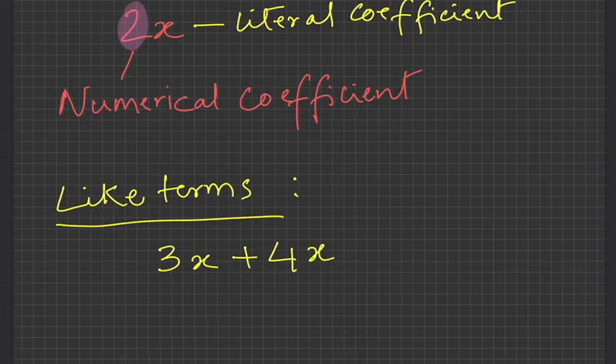Okay. So here, what is more important for me in algebra is that the variable is the same. So I can add them. So this will give me 7x. This is very important because I can only add or subtract like terms.